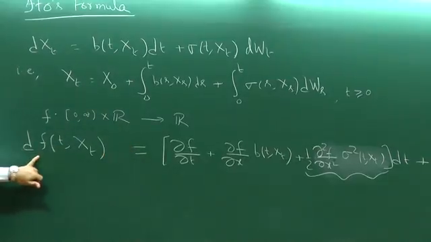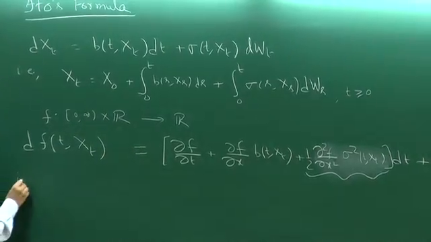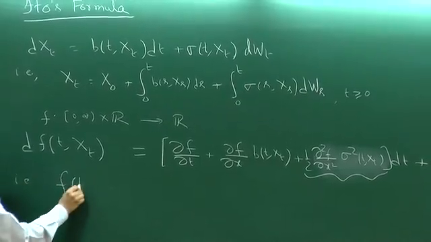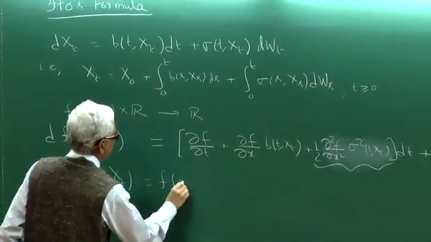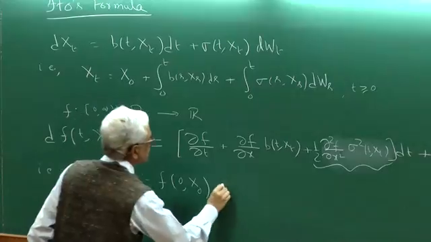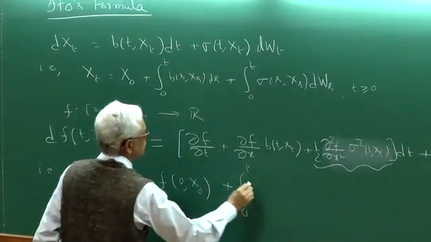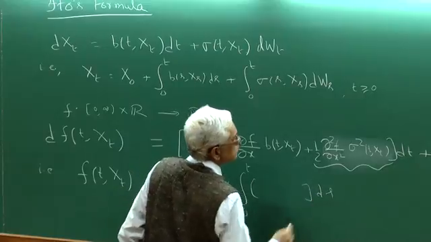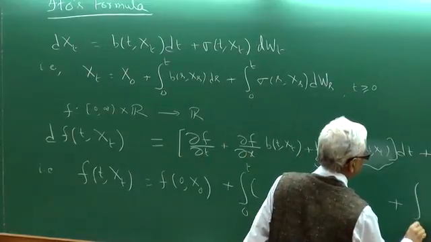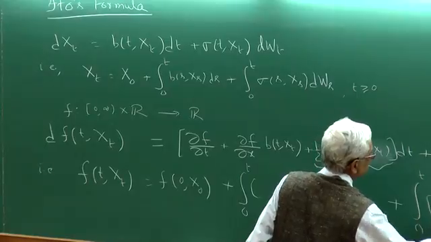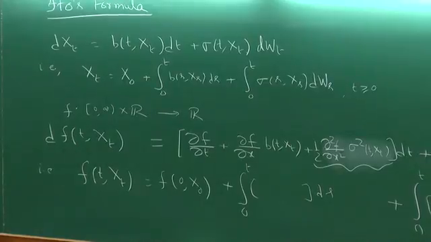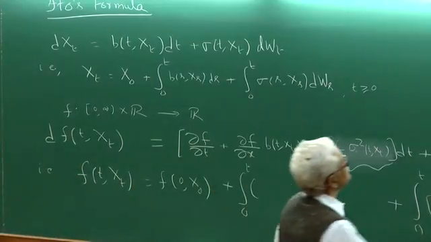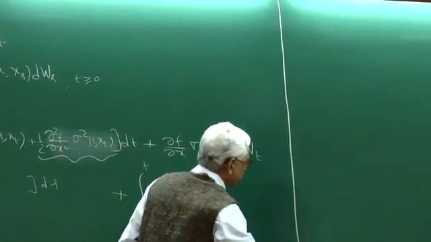And again note that this is symbolic, so what it means is f(t, x_t) is equal to f(0, x_0) plus integral 0 to t, this bracketed term ds, and then plus integral 0 to t, this bracketed term dW_s. So this is Ito's formula, and that plays a fundamental role in what we are going to do today.